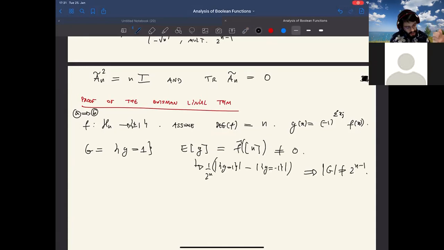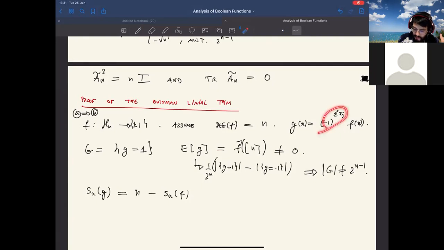Okay, so we are in the setting of claim A. And what is the sensitivity of G at any point? Well, that is n minus the sensitivity of f at any point. Because if the sum is even, I'm putting plus 1, if it's odd, I'm putting minus 1. And so I'm flipping everything around.